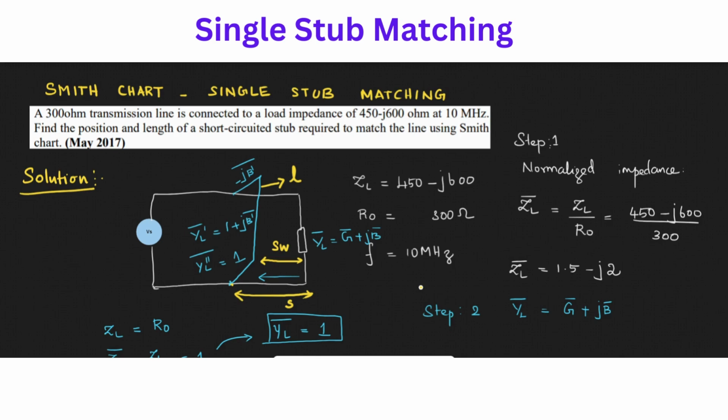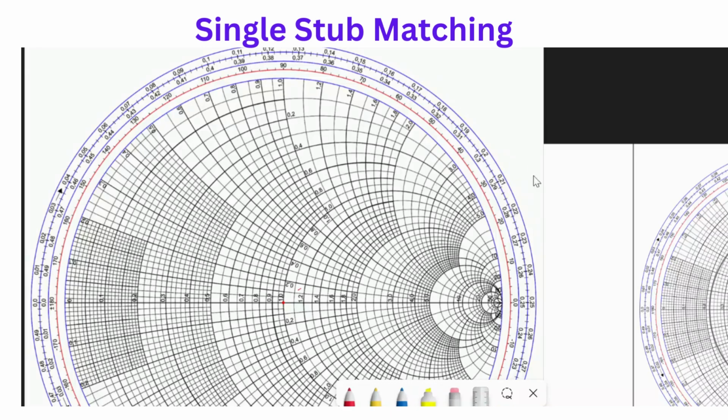We are going to plot the load impedance first, which is 1.5 minus j2. So we'll see first how to plot the value, that is the load impedance. I'll just mark the load impedance right here. ZL bar is equal to 1.5 minus j2.